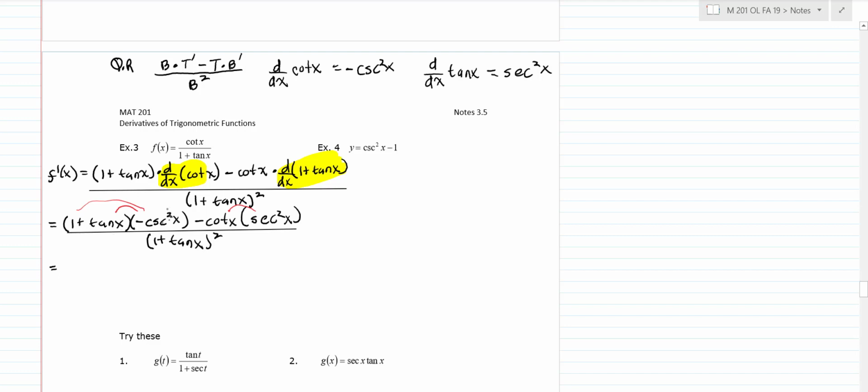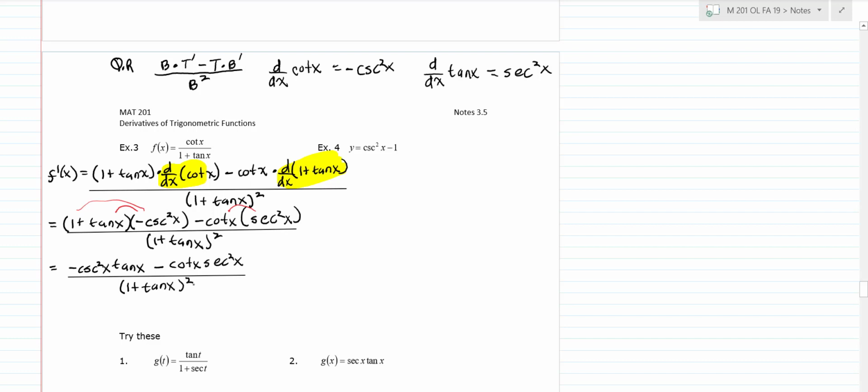So that would be negative cosecant squared x times tangent of x. And then over here, just minus cotangent of x times secant squared of x. And then that will be all over the bottom squared, so I'll just leave that as 1 plus tangent x to the second.